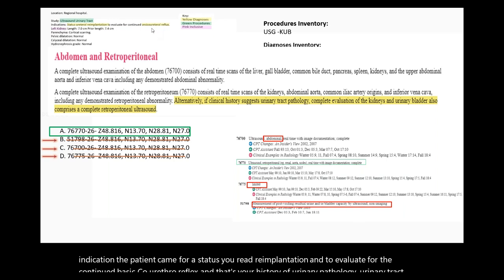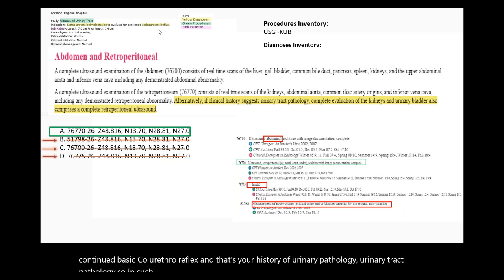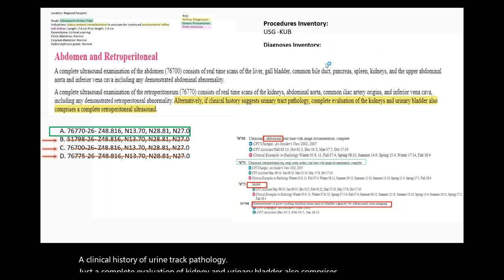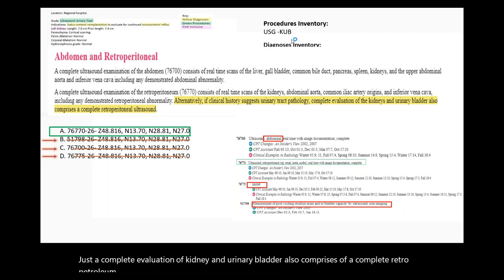So in such cases, if there is a clinical history of urinary tract pathology, a complete evaluation of kidney and urinary bladder also comprises a complete retroperitoneal ultrasound. We also had a complete evaluation of kidneys and urinary bladder, and that is the reason why option D is incorrect and option A is the correct one for this scenario.